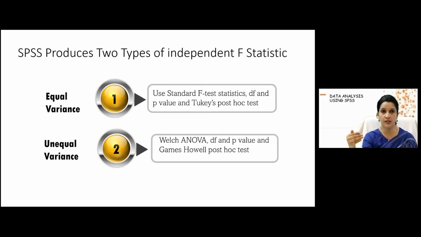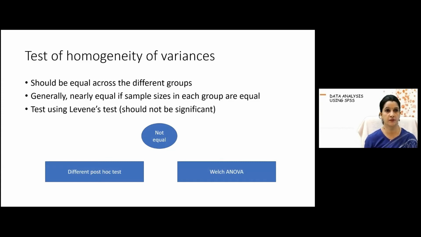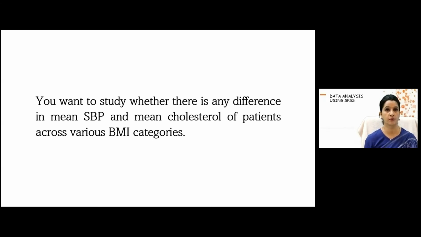The results come with both these values. It's you who have to take a particular value seeing your homogeneity of variance, like we did for the t-test. So we have seen that if it is not equal, we will use Welch ANOVA and a different post hoc test, that is the Games-Howell post hoc test.